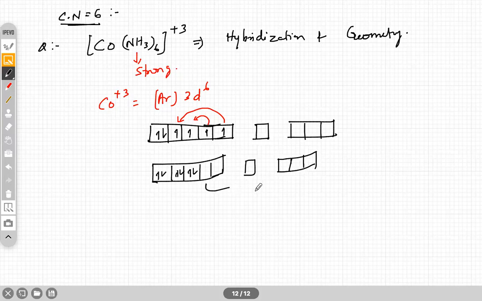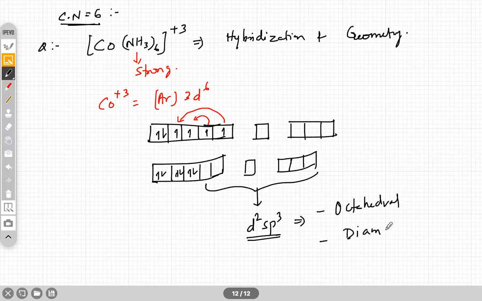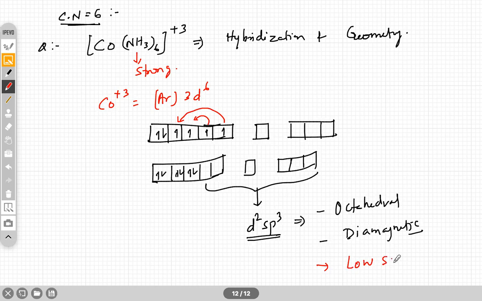Then these 6 orbitals will go into hybridization and form d2sp3 hybridized orbitals. Okay, geometry is octahedral, and all the electrons are paired, so it is diamagnetic. And since we have d2sp3 hybridization, it is a low spin complex.